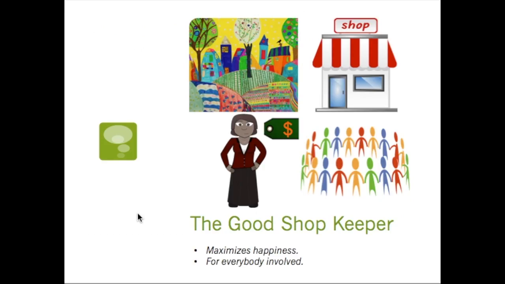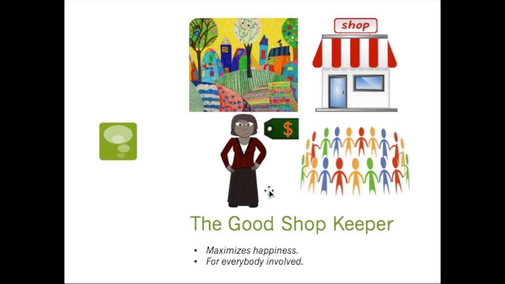Now, if we go back to the shopkeeper that we talked about before. Think again about this village, about her shop, and how she maintains the prices low. Utilitarianism, just as duty theory, is going to tell you that this is the right thing to do. Why is that? Not because she has a duty to do it, because she would want everybody to do the same thing if they were in her situation.